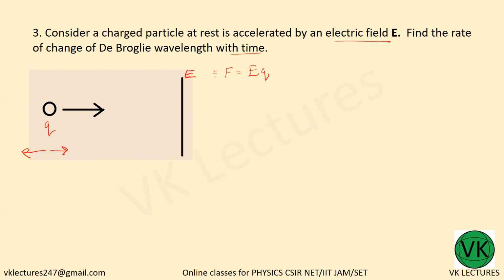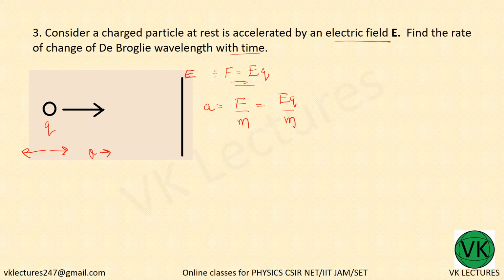Now let us assume it is moving towards. As it moves towards this electric field E, its velocity increases because of the force, right? There is an acceleration. So what is acceleration? Acceleration will be equal to force divided by mass of the particle, which is nothing but EQ by m.